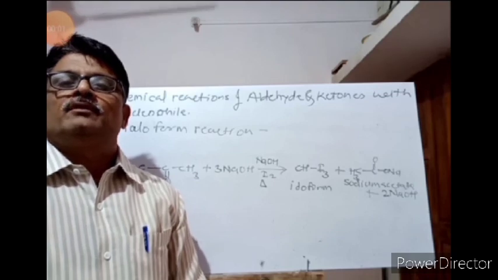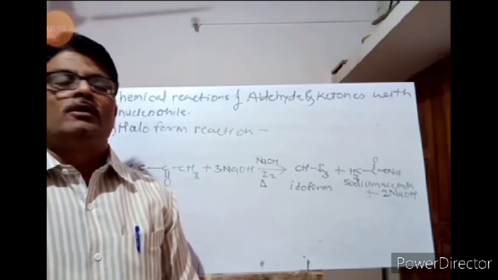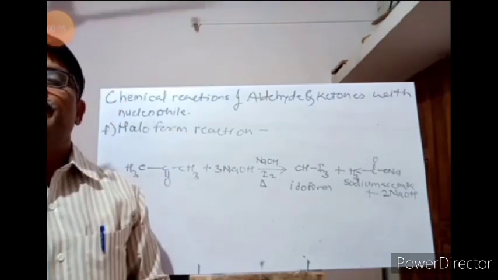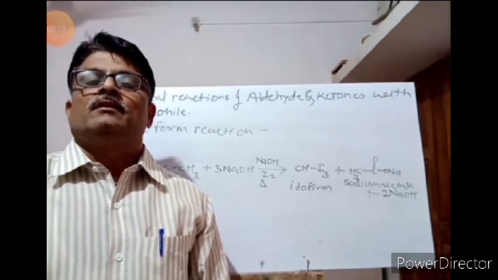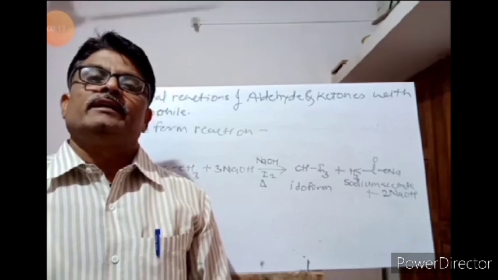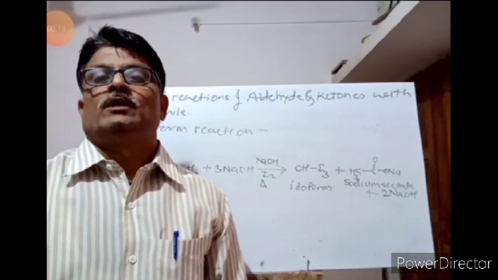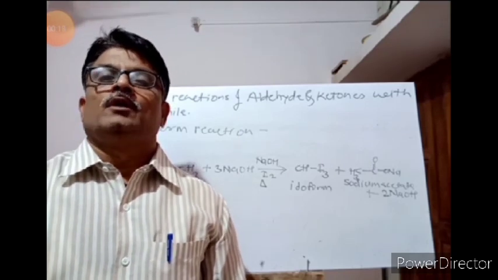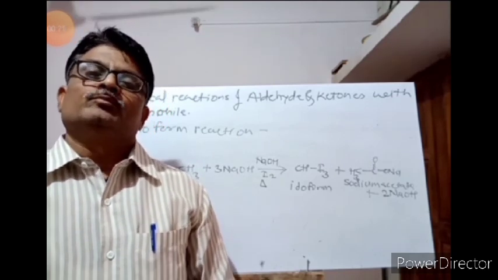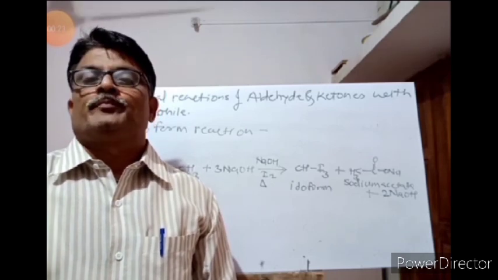Another reaction of aldehyde and ketone is the haloform reaction. The haloform reaction is given by an aldehyde or ketone which contains a methyl group, and this reaction is also given by an alcohol which contains a methyl group in its molecule.